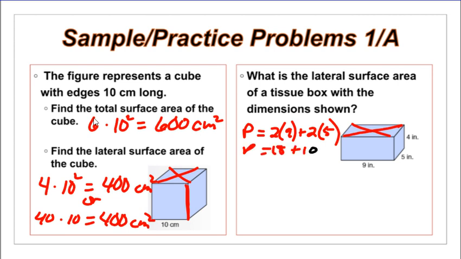So the perimeter of the base is 28 times the height. The height is 4. 28 times 4 gives us 112 square inches.